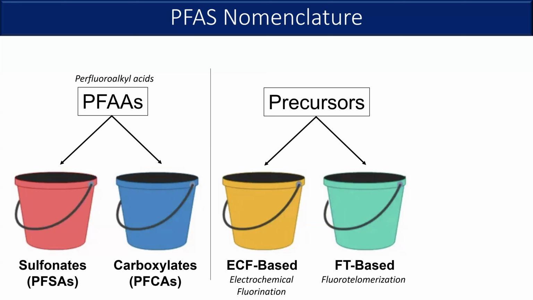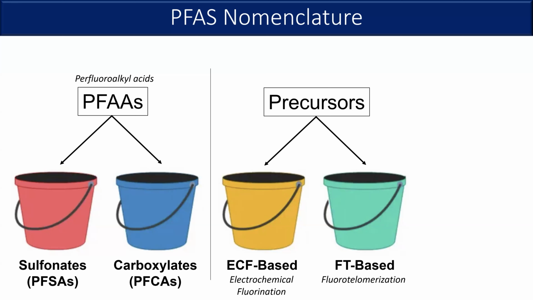And there are really two types of precursors that we talk about. There's ECF-based. ECF is really talking about electrochemical fluorination as a manufacturing process. That creates a certain type of precursors, and those tend to degrade to sulfonates. And then the FT-based precursors are produced through fluorotelomerization, and those precursors tend to biodegrade to carboxylates.